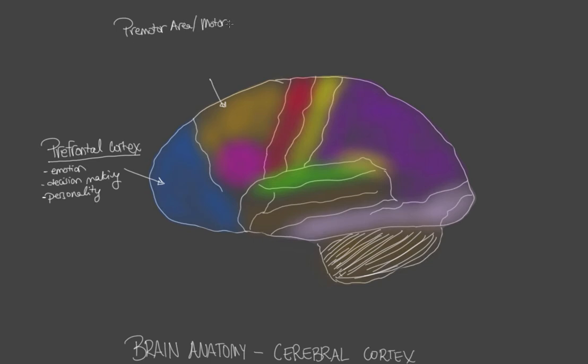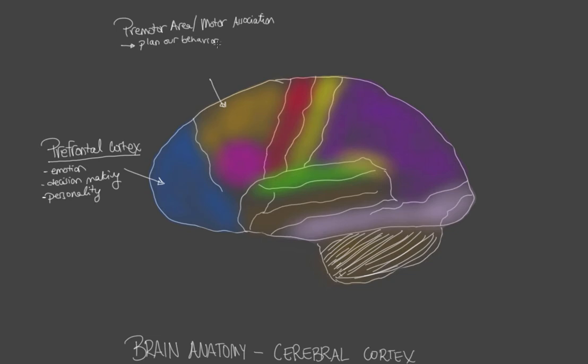And this region right here is pretty much where we plan our behavior. So it's where the neurons can compile a program for the sequence of muscular contractions that need to occur for a specific action you're about to perform.